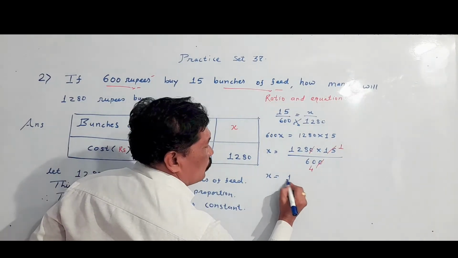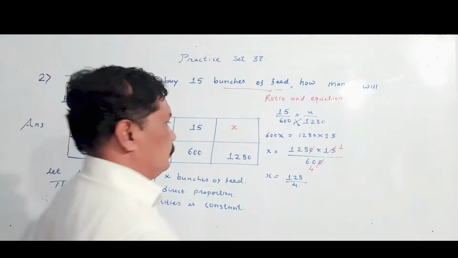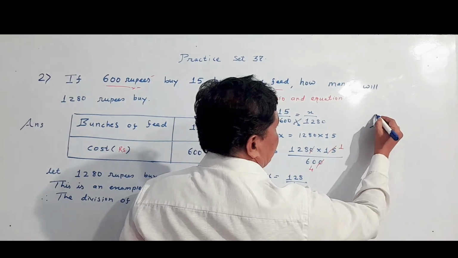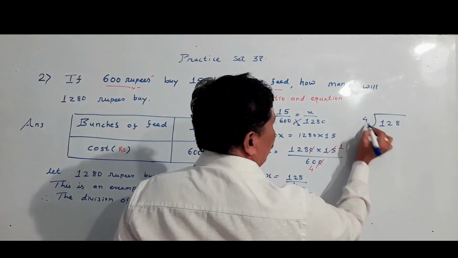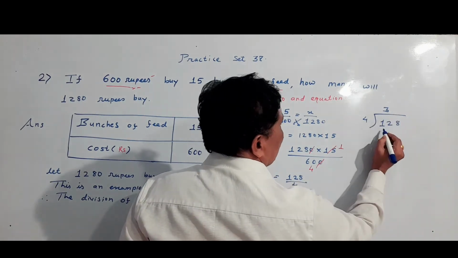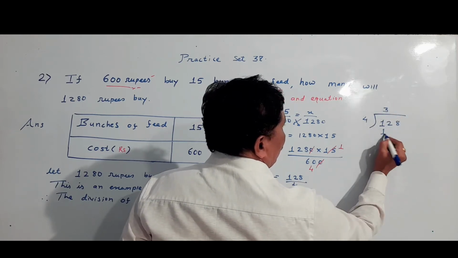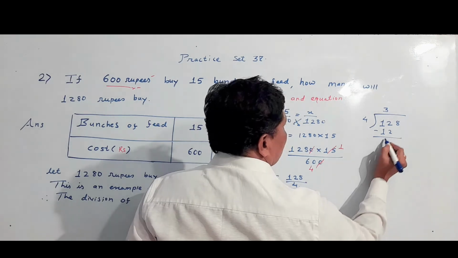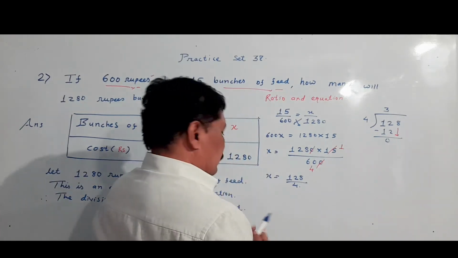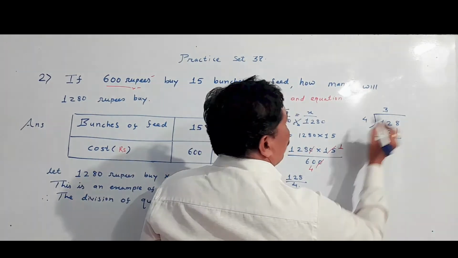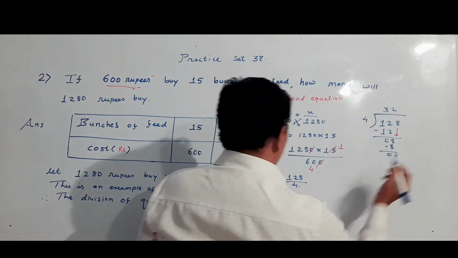X is equal to 128 divided by 4. 128 divided by 4, 4 threes are 12, minus 12 is 0, 8 will come down, 4 twos are 8, 0, 0.